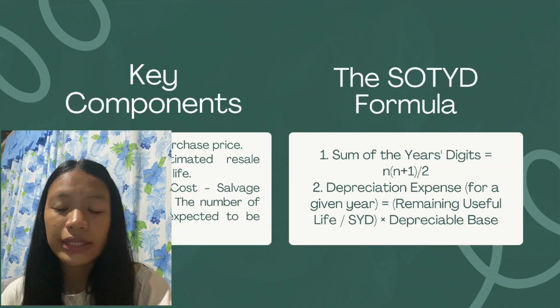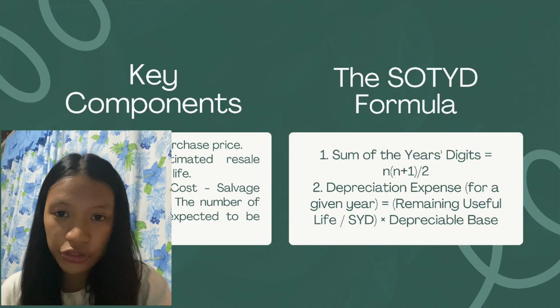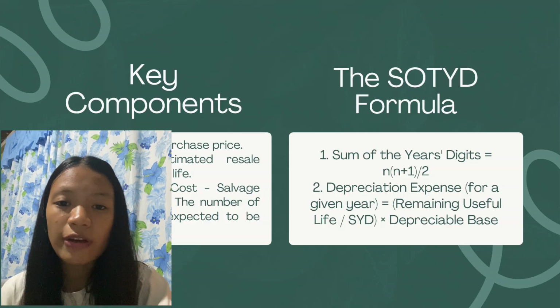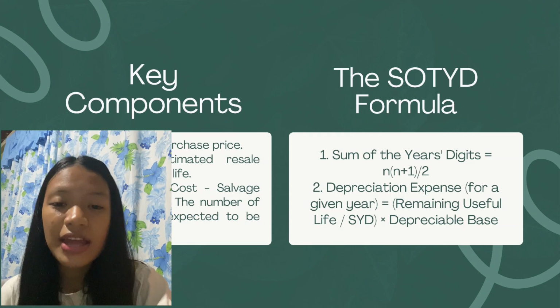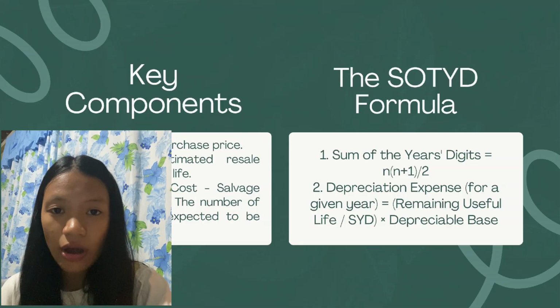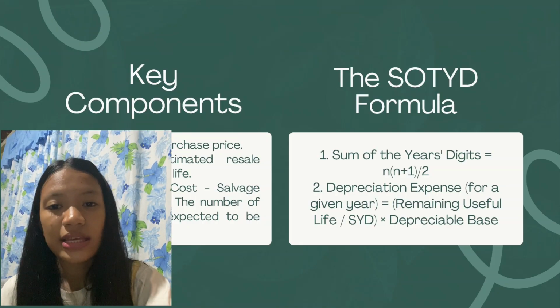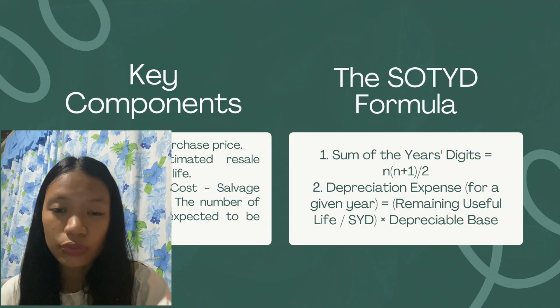First, we calculate the depreciable base, which is just the cost of the asset minus its salvage value. Next, we find the sum of the year's digits. If an asset has a useful life of n years, you add up all the digits from n down to 1. The easy formula for this is n times n plus 1 divided by 2.